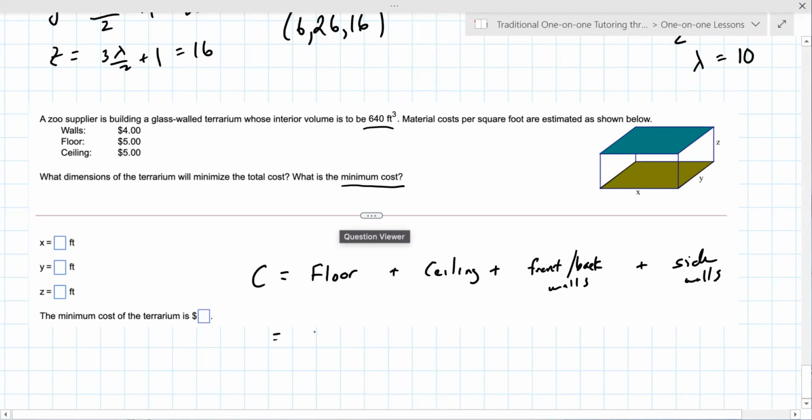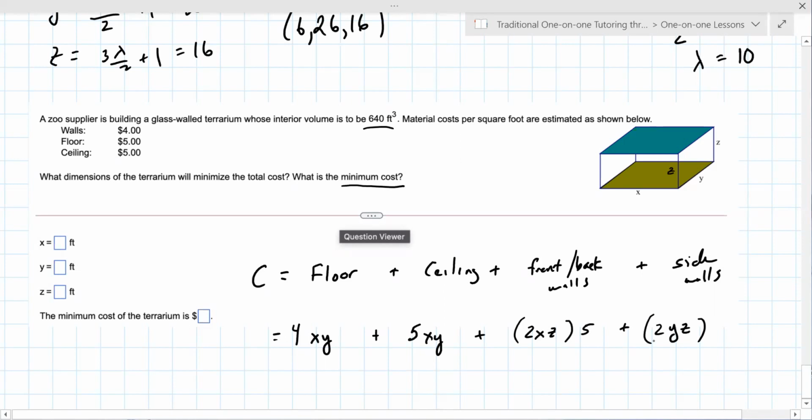So the floor is XY and the floor costs $4. The ceiling is also XY because it's up here, but it's $5, so it's 5XY. The front walls and the back walls are XZ, and there's 2 of those, and that costs 5 times that.